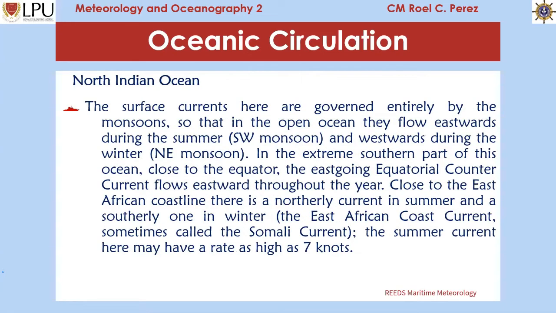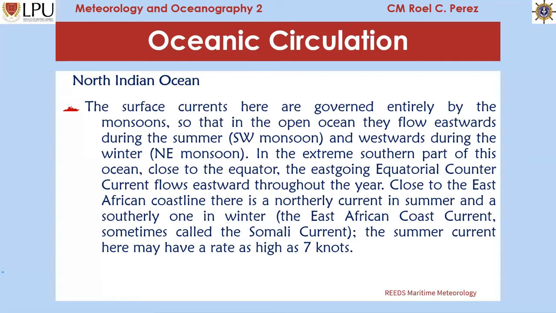Okay, in the North Indian Ocean, the surface currents here are governed entirely by the monsoons. So that in the open ocean, they flow eastward during summer, that is called southwest monsoon, and westwards during the winter, that is called northeast monsoon.